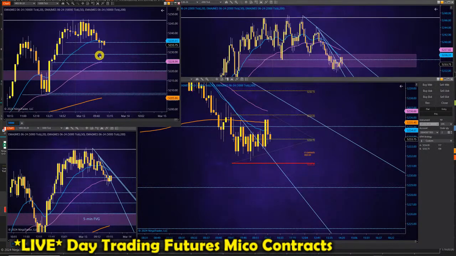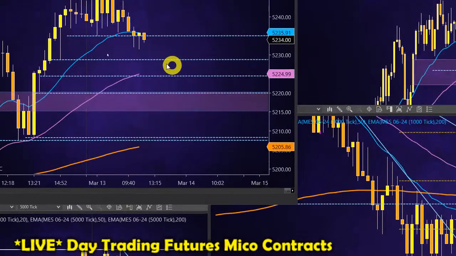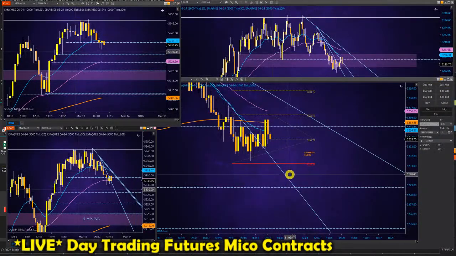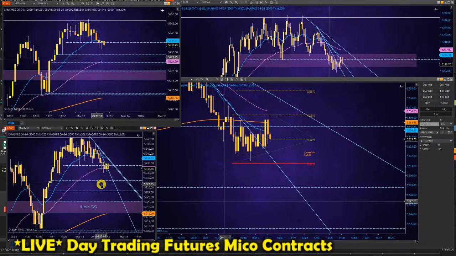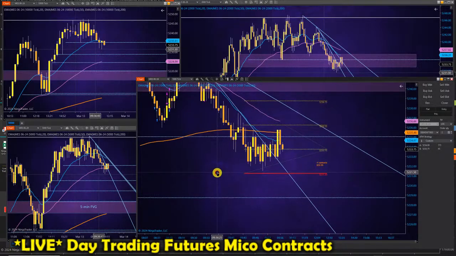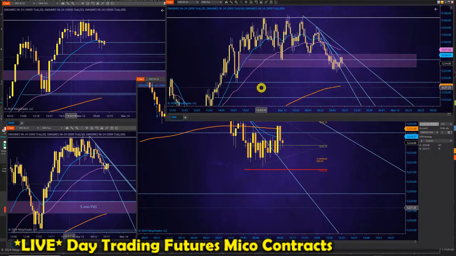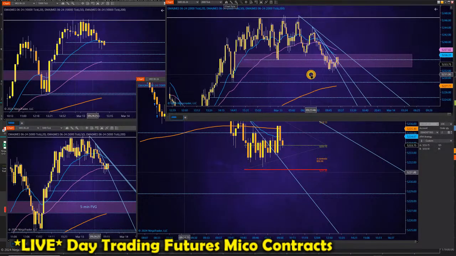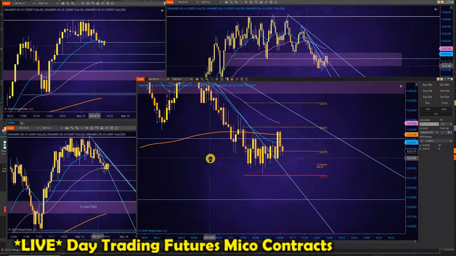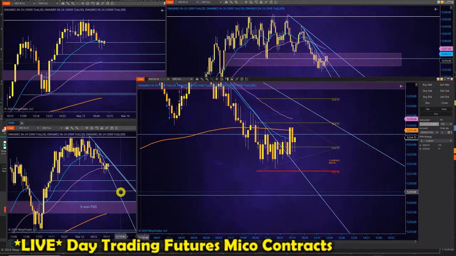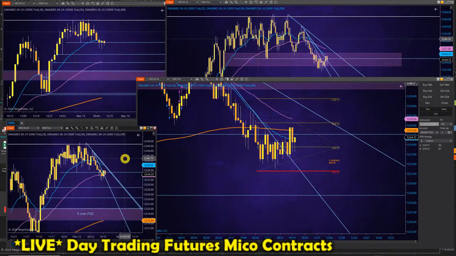And I like the two pintails it's created here in this area. It's real challenging right now. Real challenging. This is very questionable. Very questionable. I don't want to be as scared to take the trade.